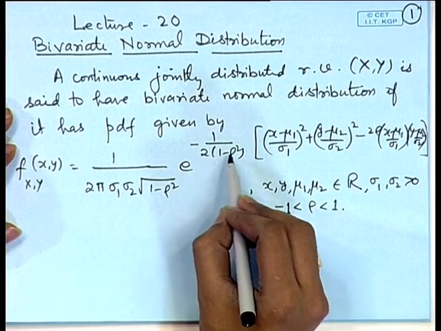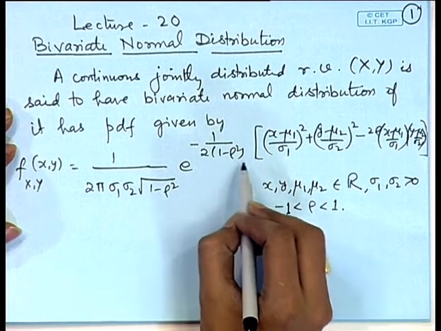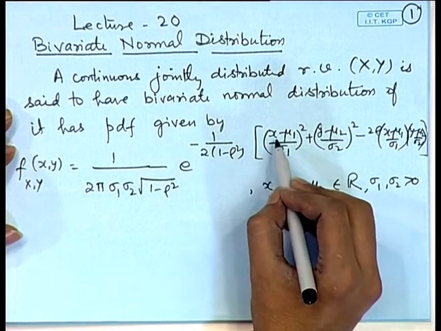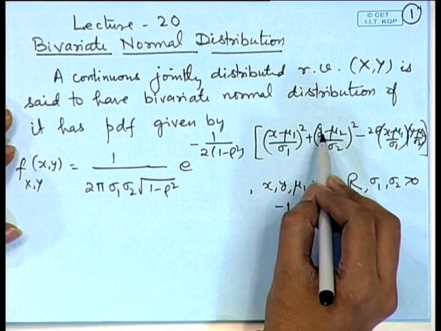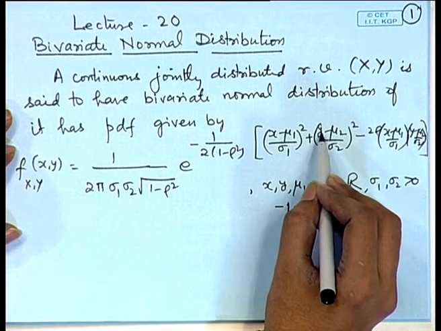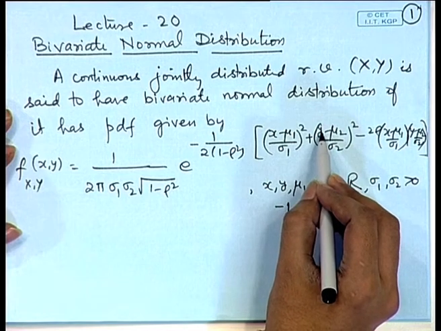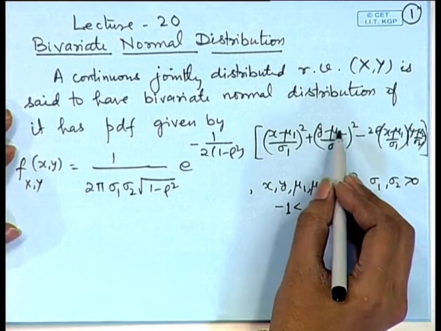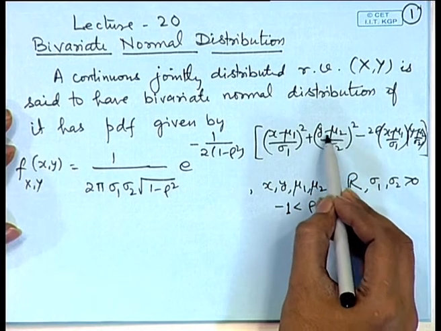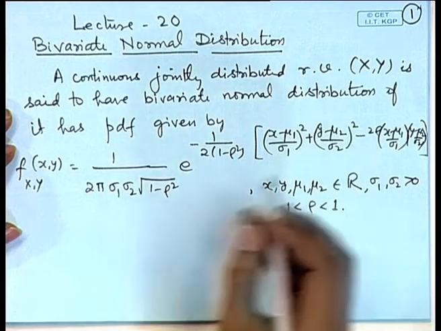A closer examination of the density function reveals that in the exponent we have a term like the one that appears in the exponent of the normal distribution. So, if we want to integrate with respect to y, we can convert it into a density with respect to y. That suggests that we make a perfect square in y.